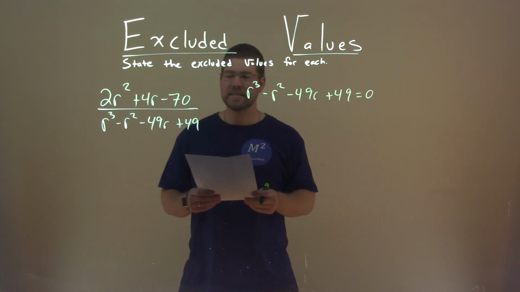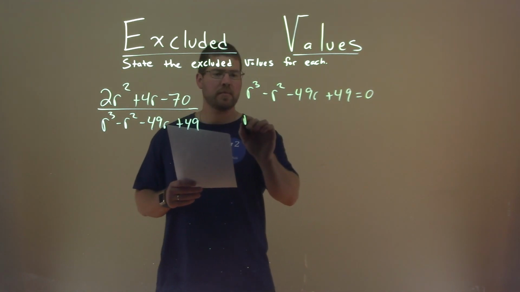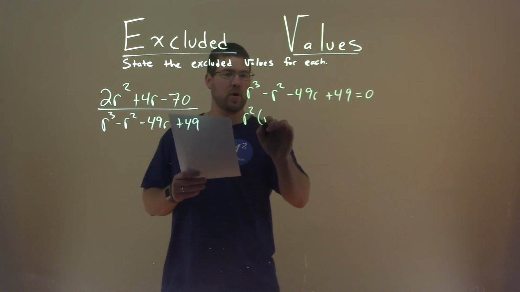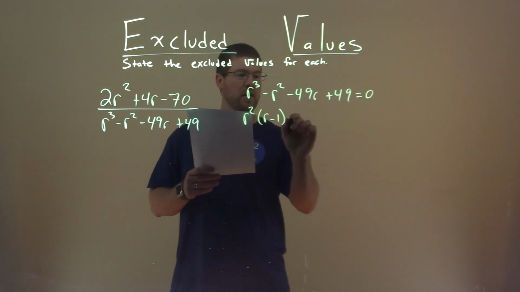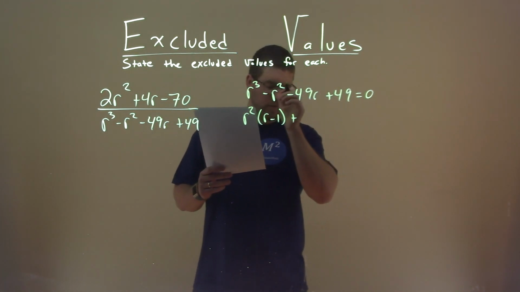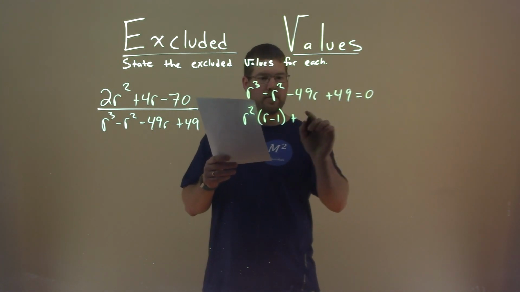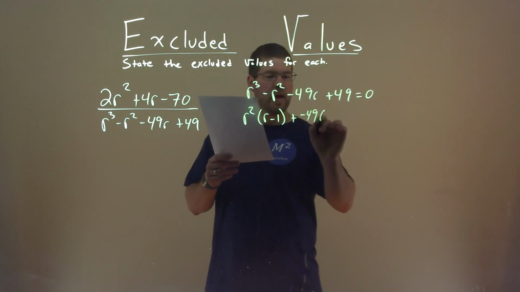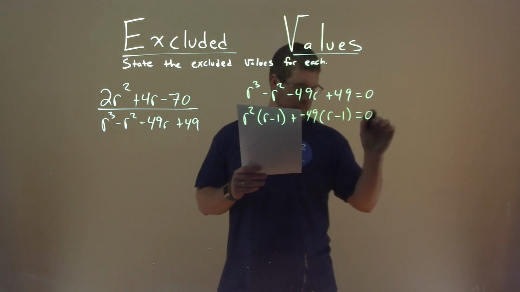Well, I see I can actually factor this by grouping. I'm going to pull out an r squared here, and I'm left with r minus 1 from these two. Then, plus, I'm going to pull out a negative 49 from both parts. So we have negative 49, and we're left with r minus 1.